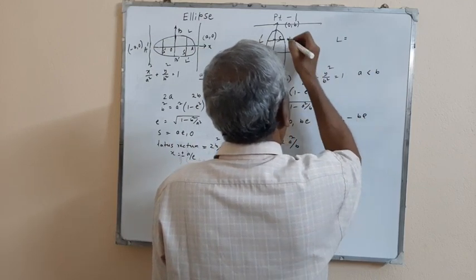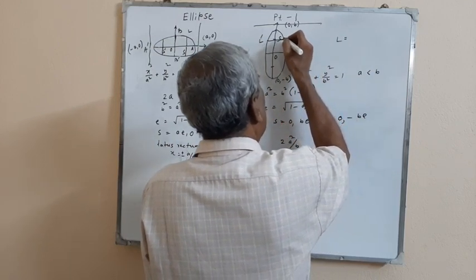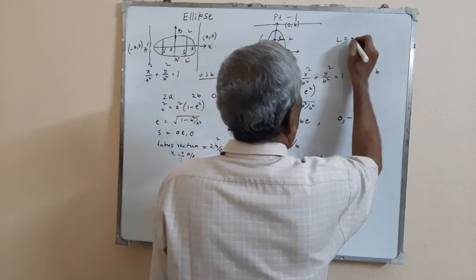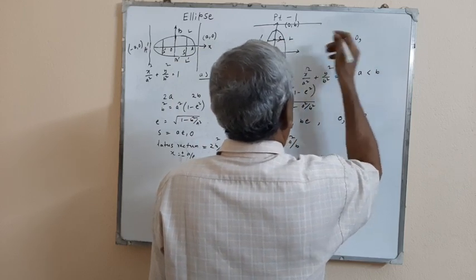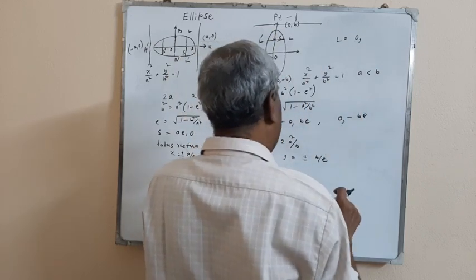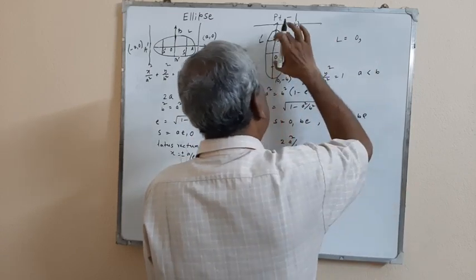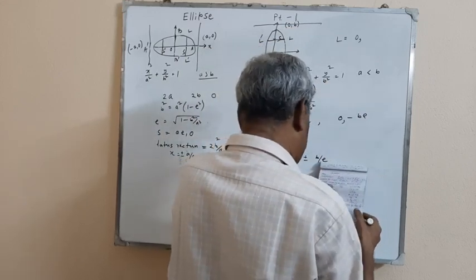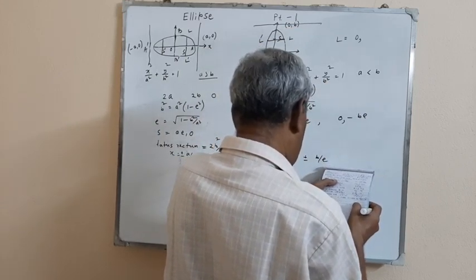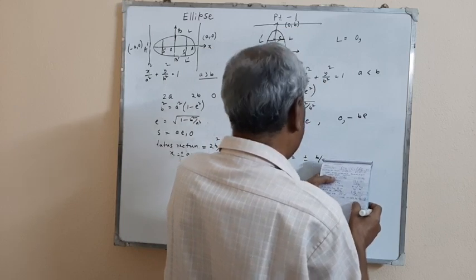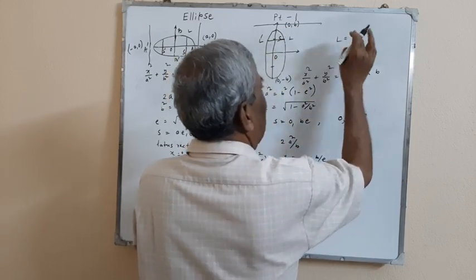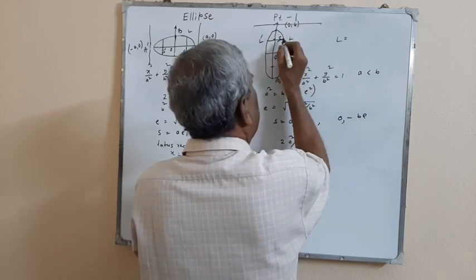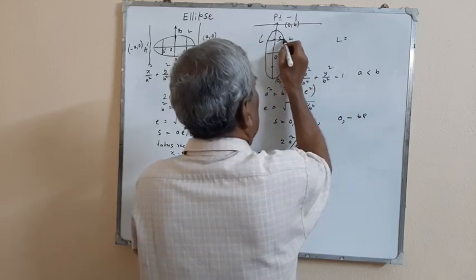Similarly, for that, L is equal to, actually its x coordinate is that of S, which is 0. So 0 comma height, and the height is b square by a. Oh sorry, this is L. So its x coordinate is that of this one.